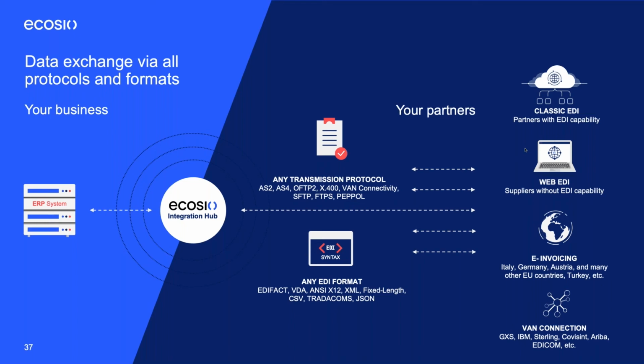So at the very bottom, as we can see e-invoicing, various countries have various requirements, such as Italy, Germany, and Austria, and the service provider helps to abstract from these local requirements, and allows you to seamlessly send and receive e-invoicing using one single connection.